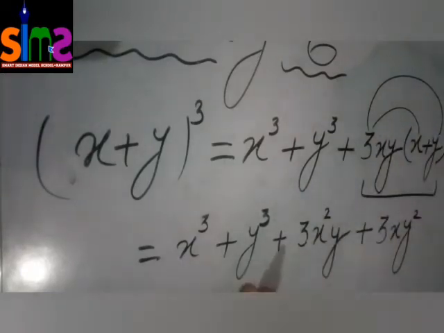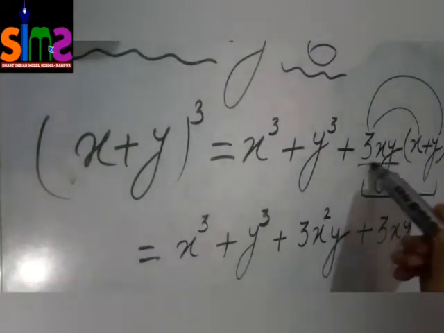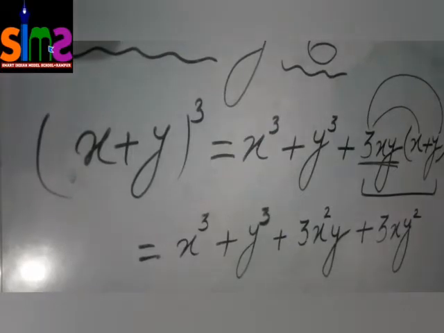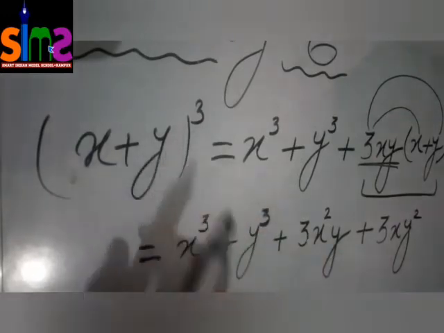So we will get x cube plus y cube plus 3x square y plus 3xy square when we multiply 3xy to this x plus y. Let's move to the question, how we solve it and what kind of question we get regarding this identity. But first you need to learn this identity.